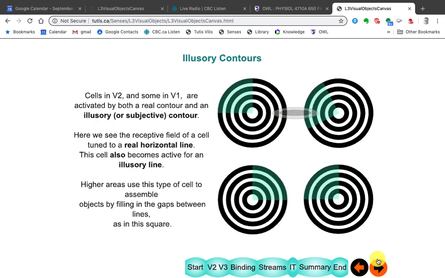So this is a subjective or illusory contour.